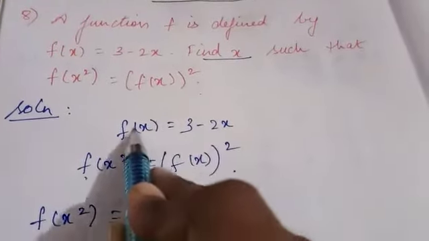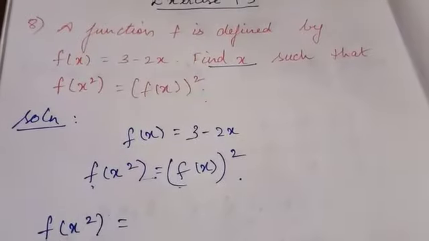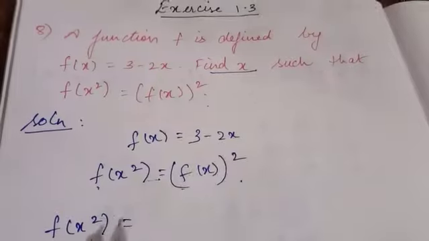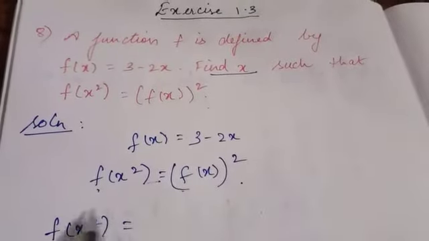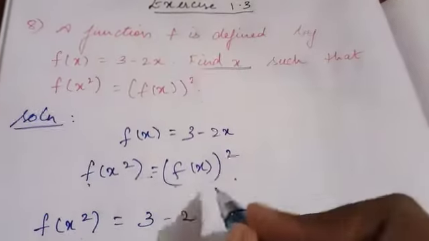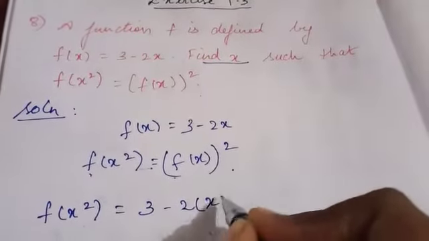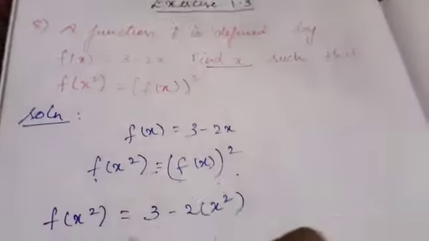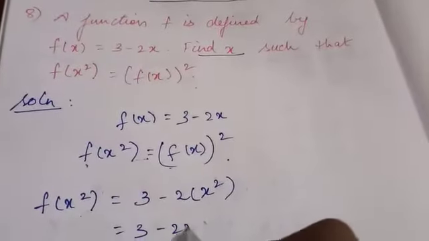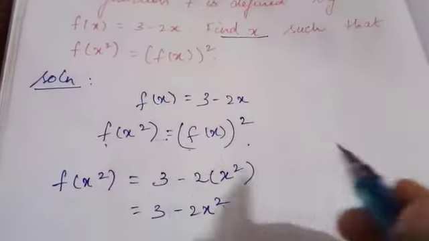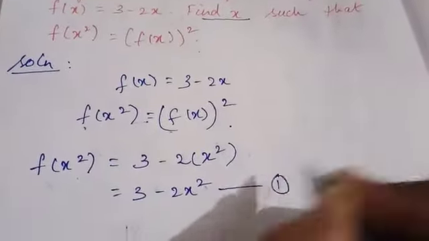So in the place of x, what we have here? x square, right? So instead of x, I'm going to substitute x square. 3 minus 2 x square. So that is nothing but 3 minus 2x square. I'll keep this as equation 1.